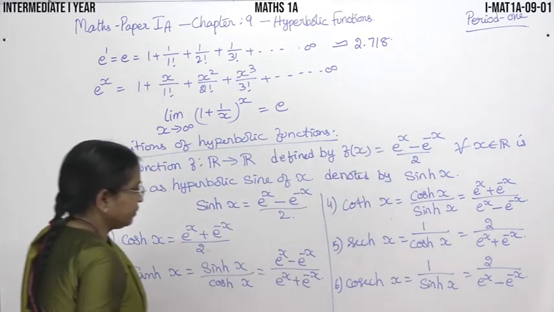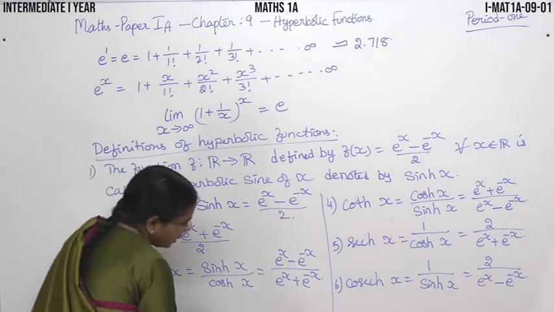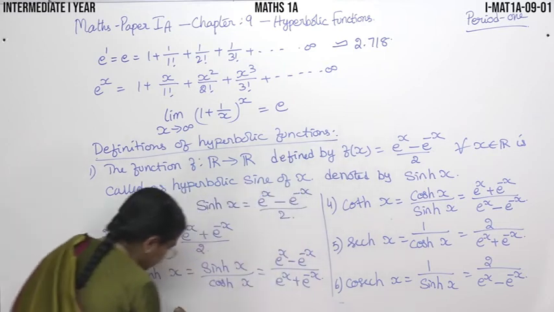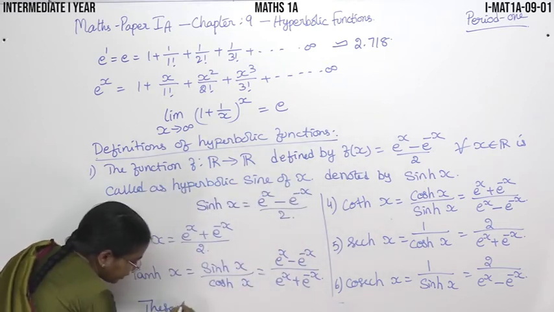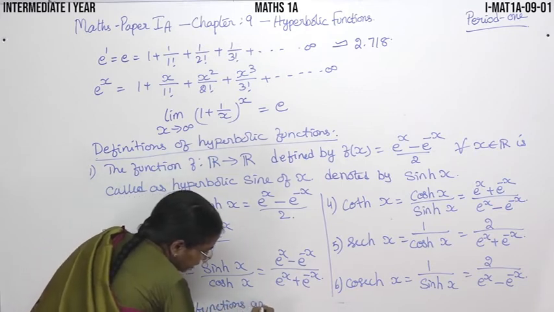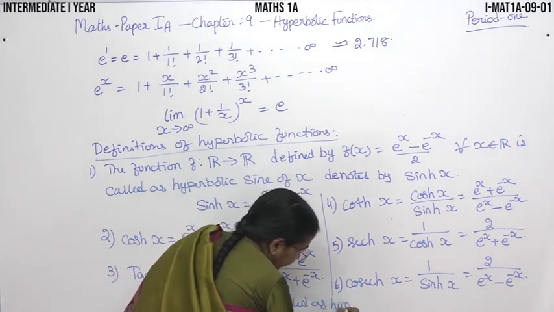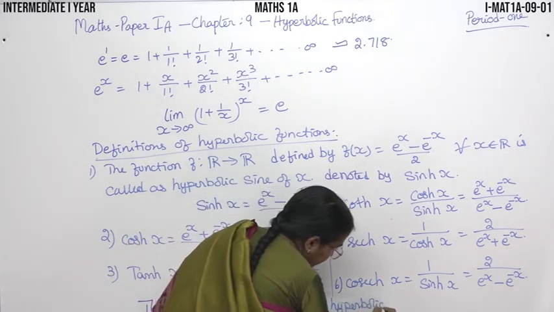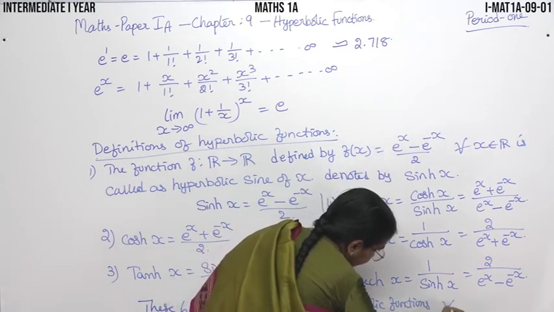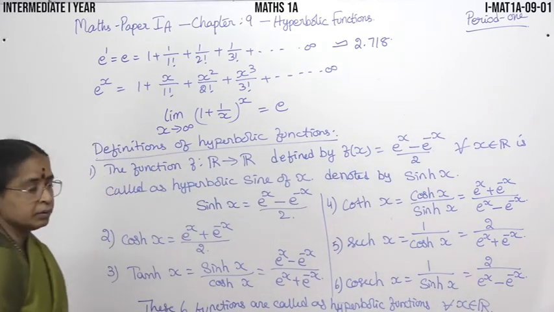So in all this, x is any real number. All these 6 functions are called hyperbolic functions, where x belongs to R. X is any real number.